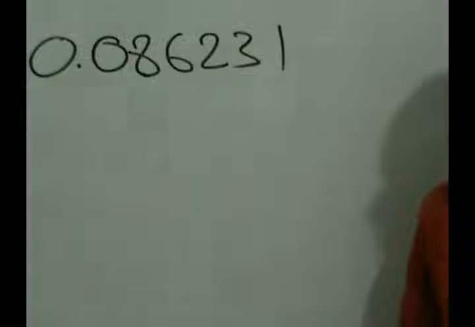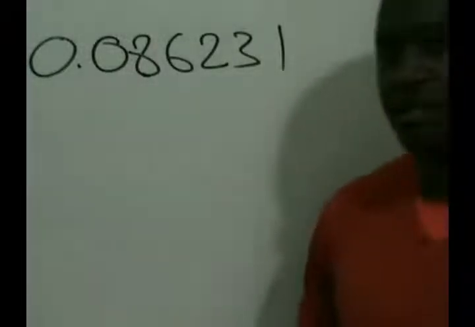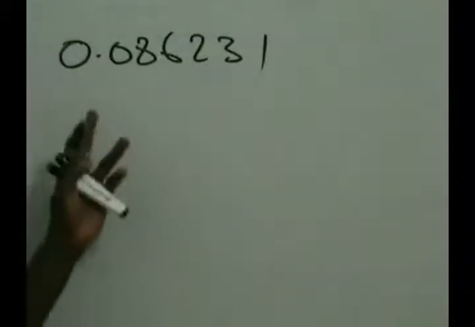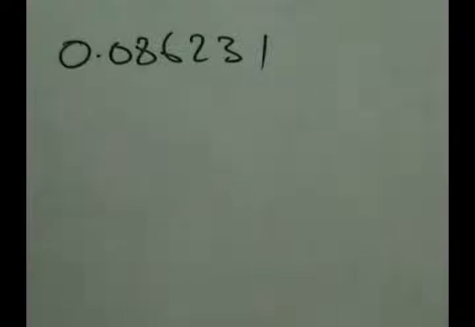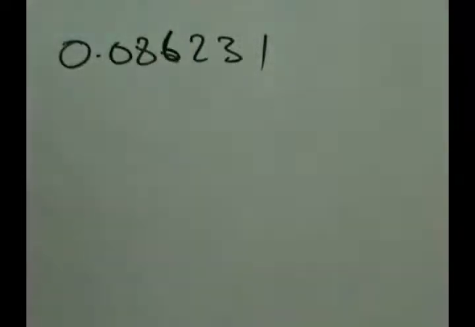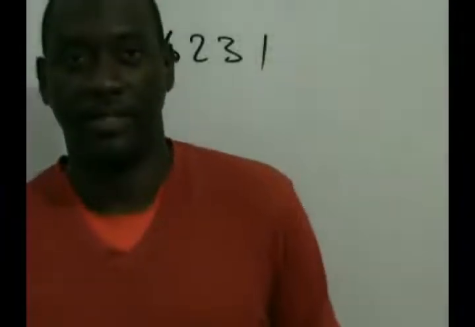You have a horse of a different color. All we have done here is divide this number by a factor of 10. So let me make some more space on the board. We have the number 0.086231 and we want to express this to, let us say, one significant figure and one decimal place.